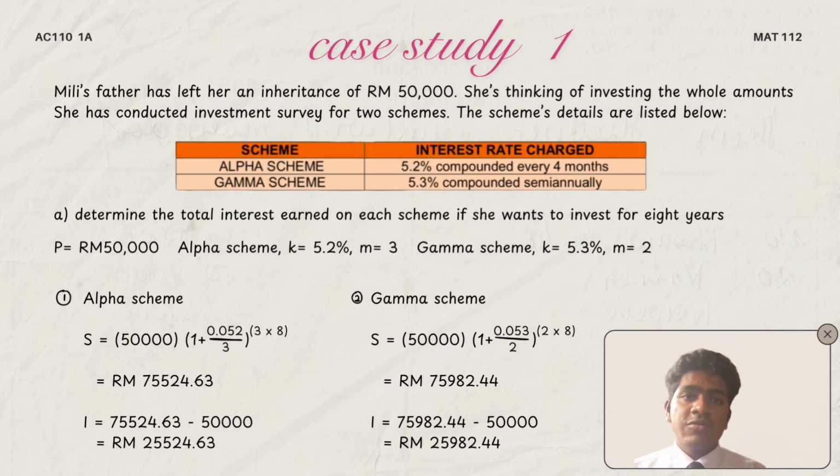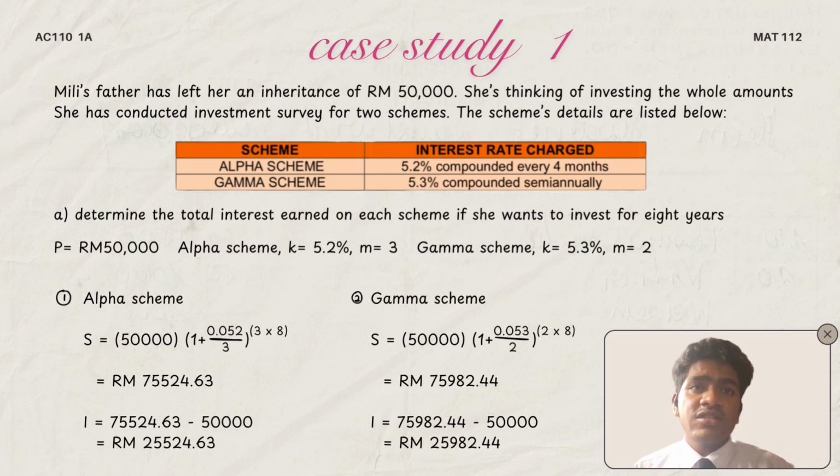To find the interest earned for the alpha scheme, we use the formula I equals S minus P. So I is equal to 75,524.63 minus 50,000. So we are going to get the total, which is 25,524.63.